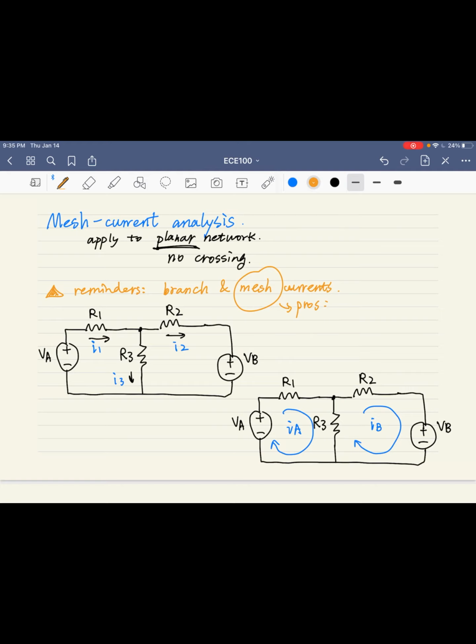We only need to solve the mesh currents value. Because mesh currents flow around closed paths and they automatically satisfy the KCL. And a branch current is equal to the algebraic sum of mesh currents. And for convenience and consistency, we define them clockwise.